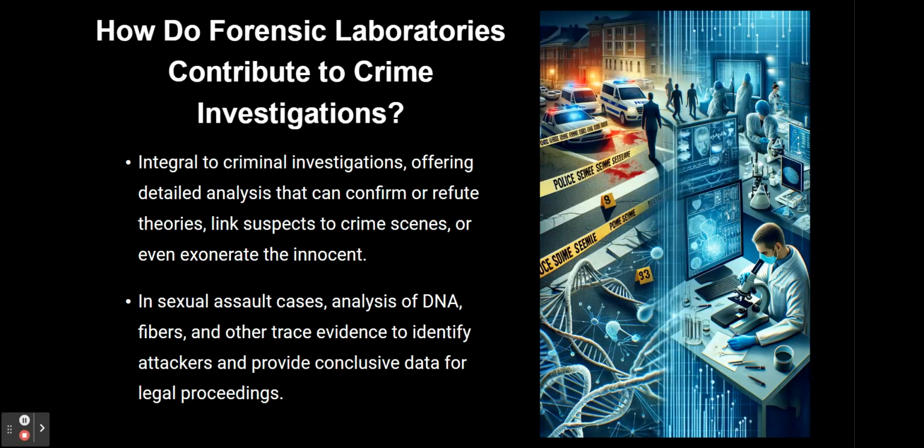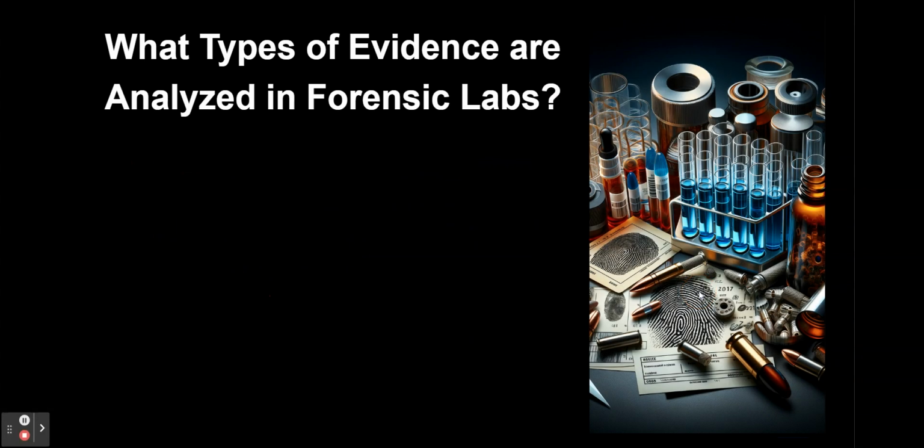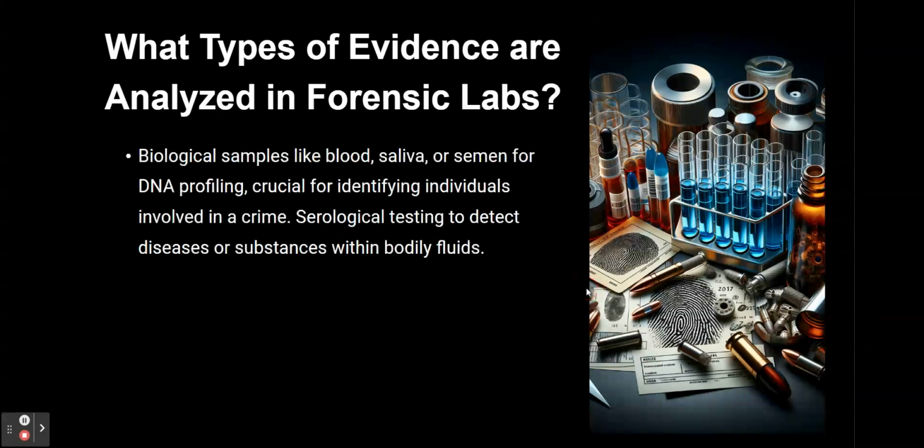Specifically in sexual assault cases, the analysis of DNA or fibers and other trace evidence can help identify attackers and provide data for legal proceedings in courts. Now, what types of evidence get analyzed in forensic labs? Usually, these are the typical sorts of pieces of evidence.